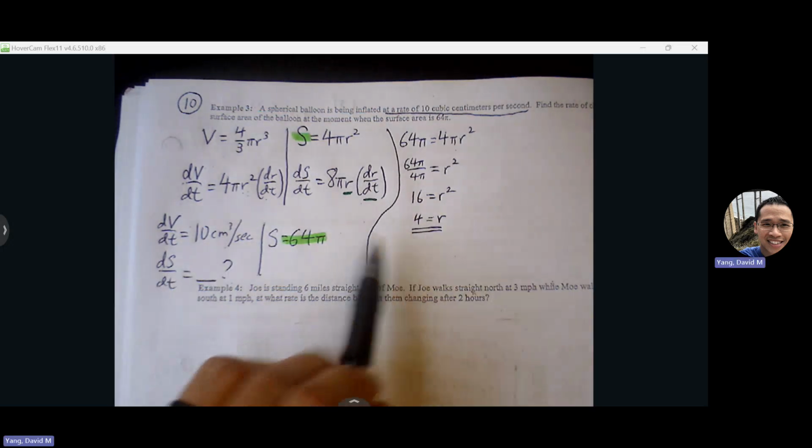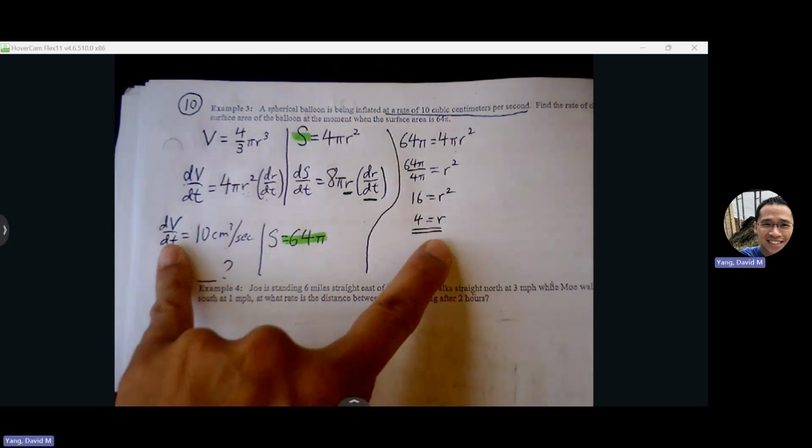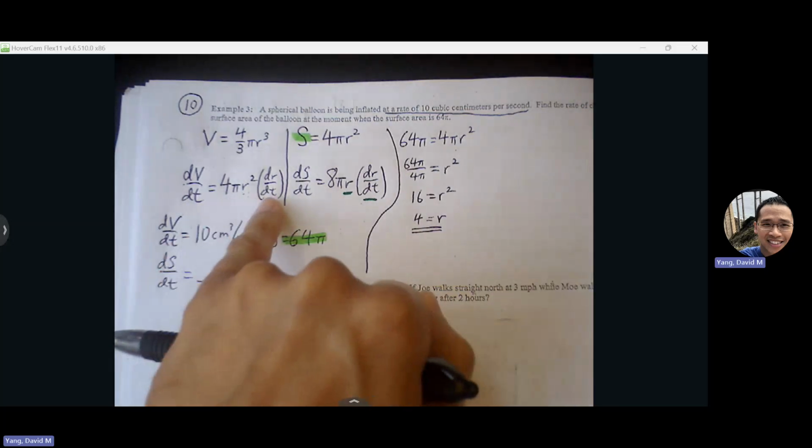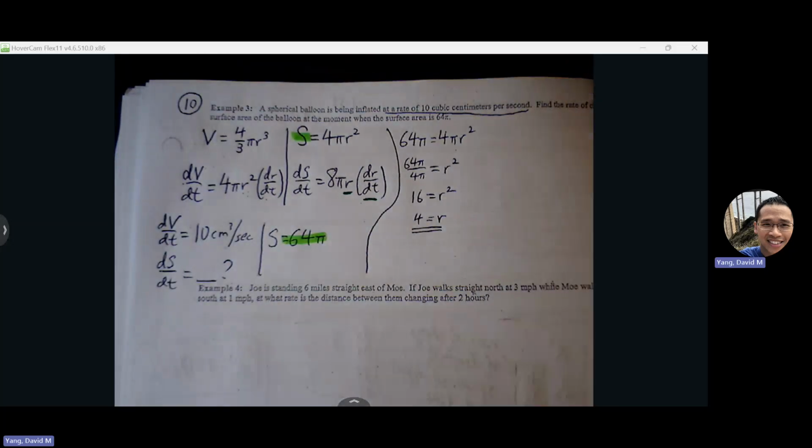So now that I have R, I can use these two pieces to help me get to dr dt. That's the other piece that I know I need.